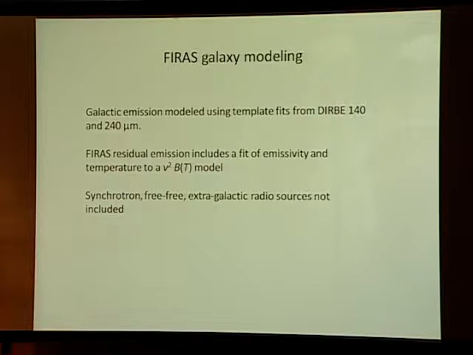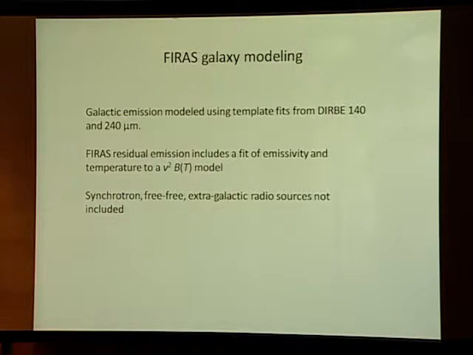For galaxy modeling, the procedure that FIRAS used was to try to remove the galaxy using the DIRBE data from another instrument on COBE, and then do a fit of the residual emission of an emissivity and temperature to a nu squared B of T model, with both the emissivity and the temperature fit.